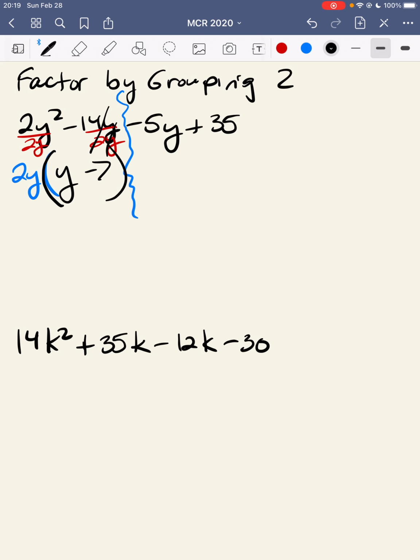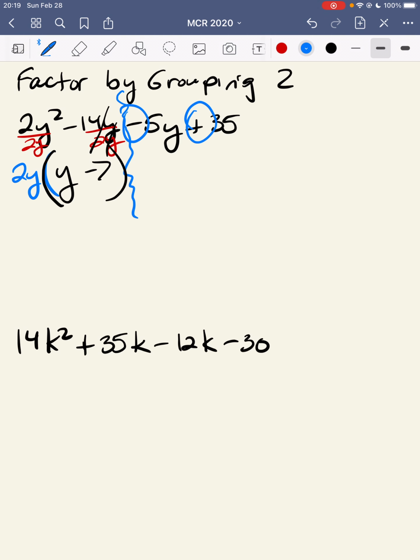All right. And now knowing that I'm going to have a y minus 7, I see that I have a little bit of a dilemma. If I look at my third sign, I see that it's a positive. I also see that my second sign is negative, and I have a positive 2y in the front.